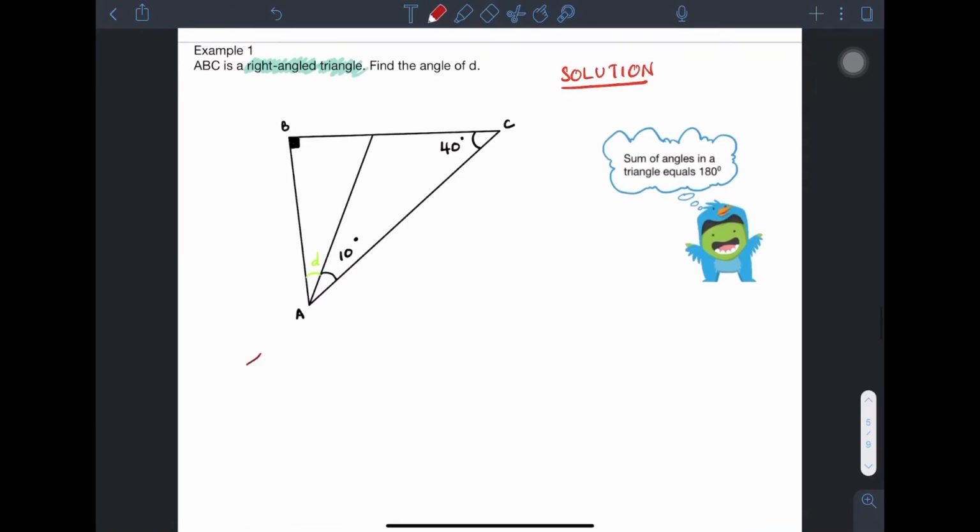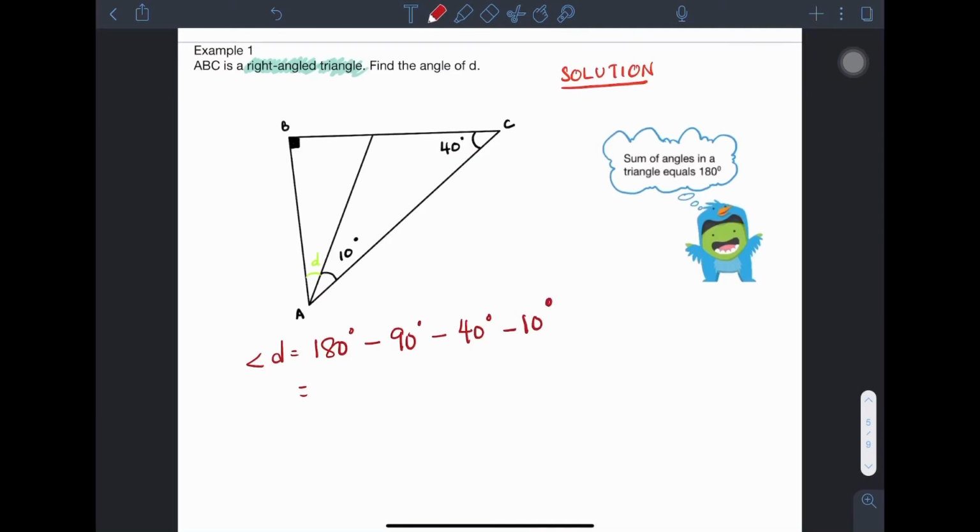To get angle of D, we take 180 minus the angle of B, which is 90. And then we minus the angle of C, which is 40. And then we minus this part, which is 10 degrees.